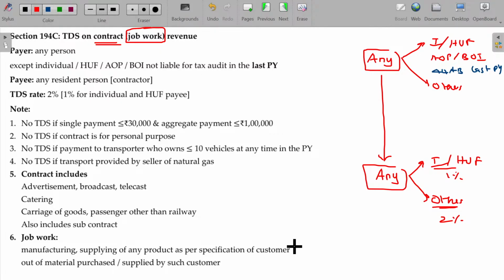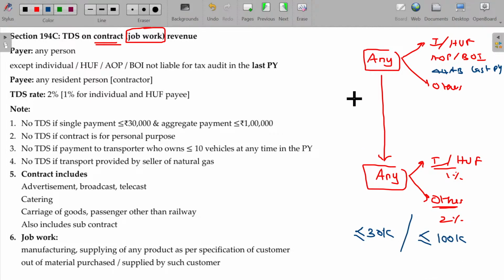And what about the limit, sir? The job or contract payment is not taxable if the limit is less than or equal to 30,000 in a single payment, or in aggregate less than or equal to 100,000.